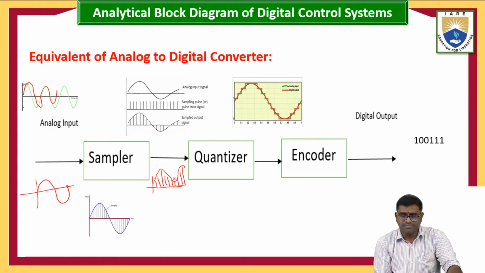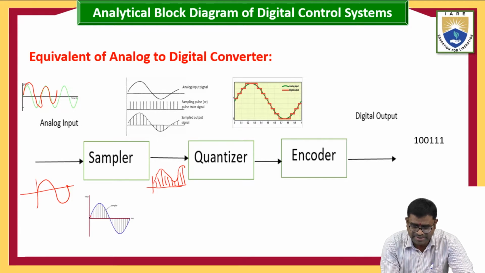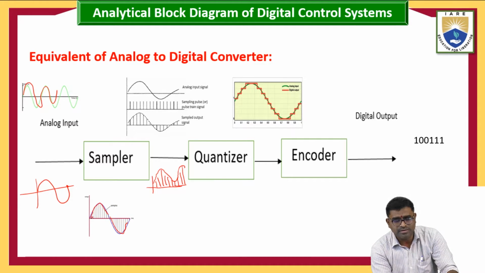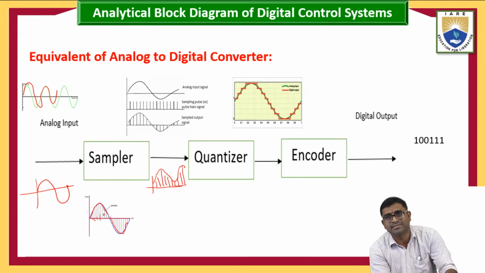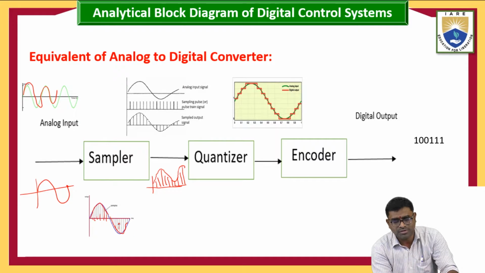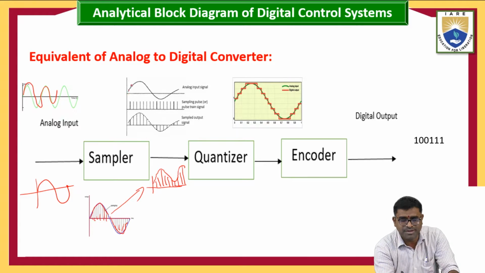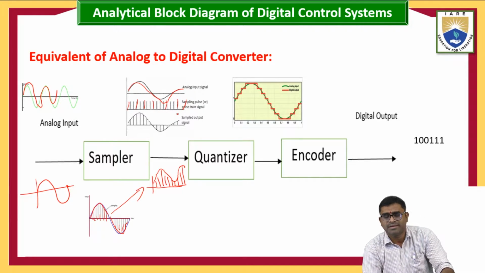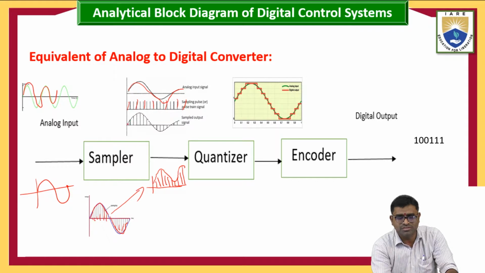For example, see here, I am taking a sinusoidal waveform. In this one, these are the sampling lines. So the sampler will give the output like this. When comparing these two, this is our output.